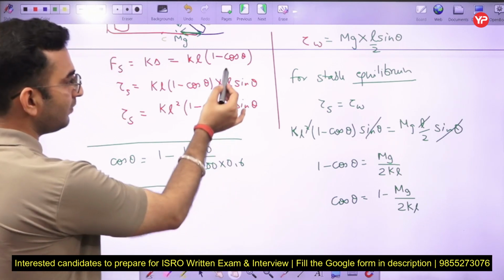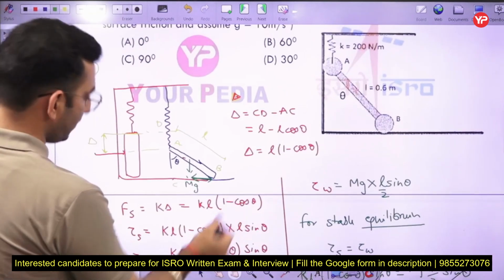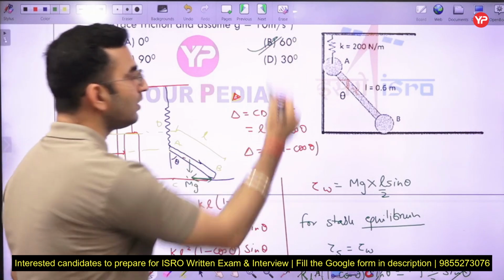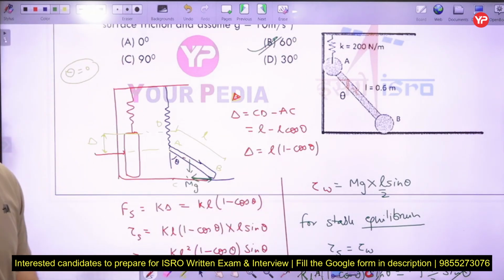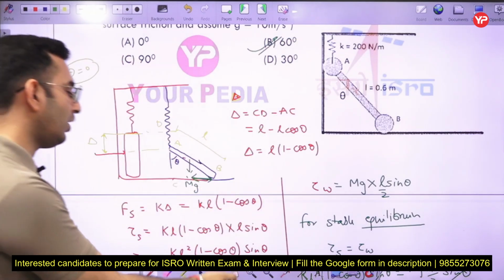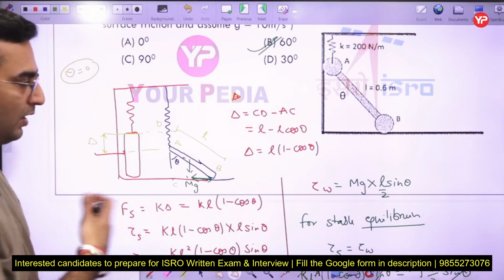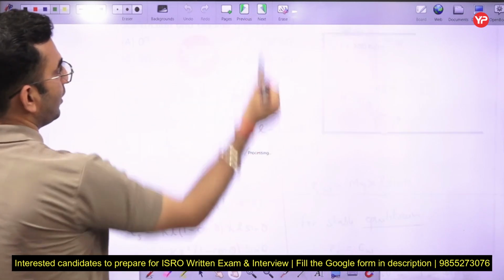So I can write option number B will be the correct answer here. Again, that's a very simple question, although you need to do some calculations here. Next question.